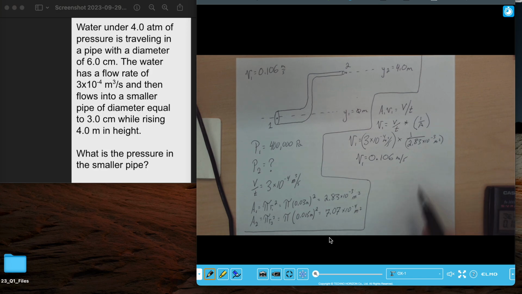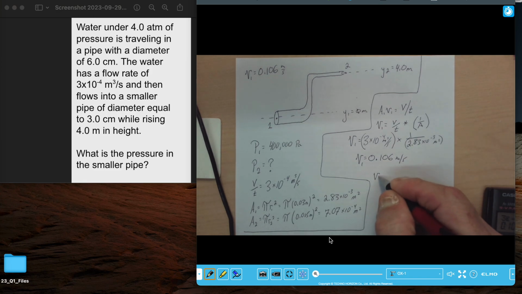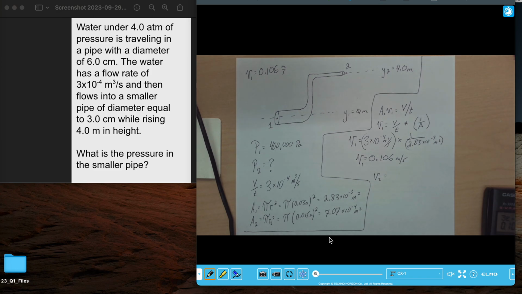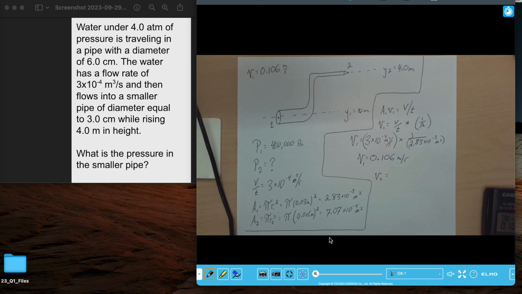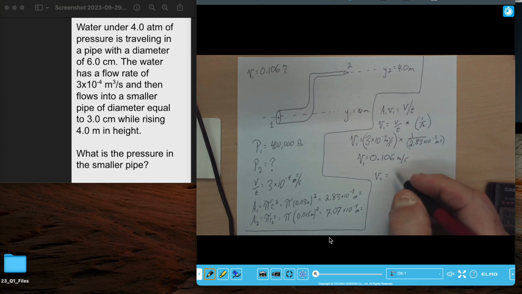So V2 is going to be 4 times V1 because A1 is 4 times bigger than A2. And if you don't believe me, just work it out the same way I just did this one. But it's going to be 0.106 times 4, which is about 0.424.